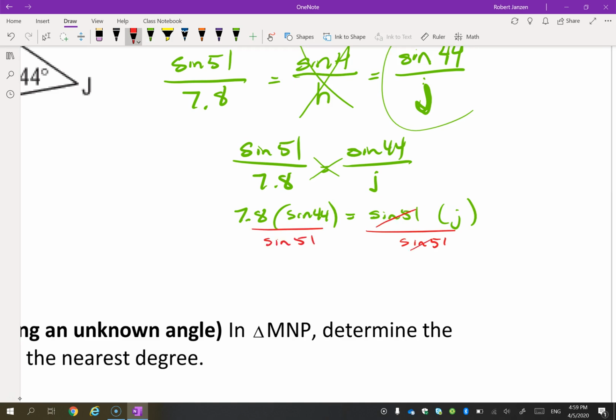This would cancel, and you'd be left with j equals, and now you need to put this whole thing in the calculator. Quick little comment: don't round off until the last step.